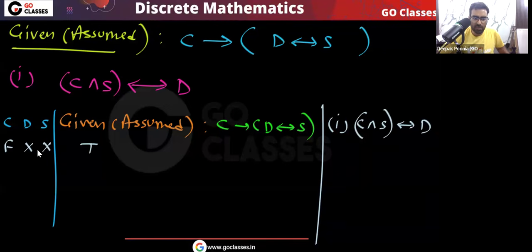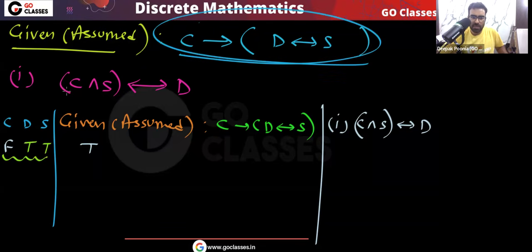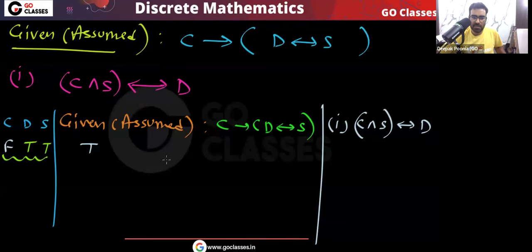Yes, I can make expression one false. For example, I can make D true and I can make S true. In this situation, the given statement will be true, but expression one will be false.